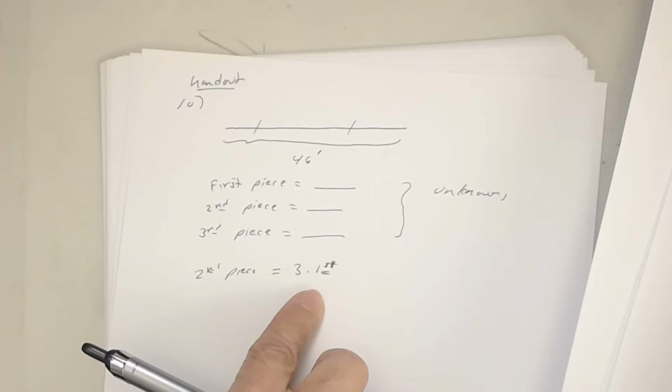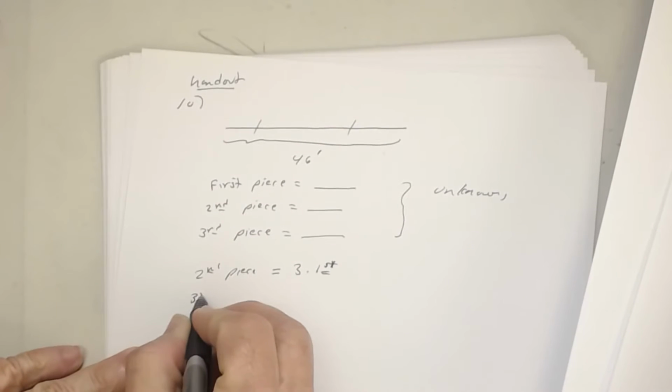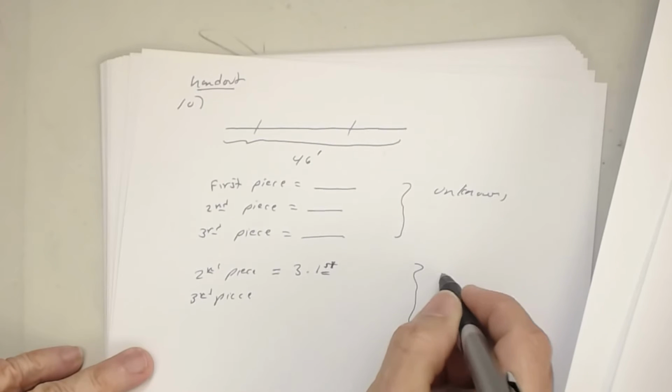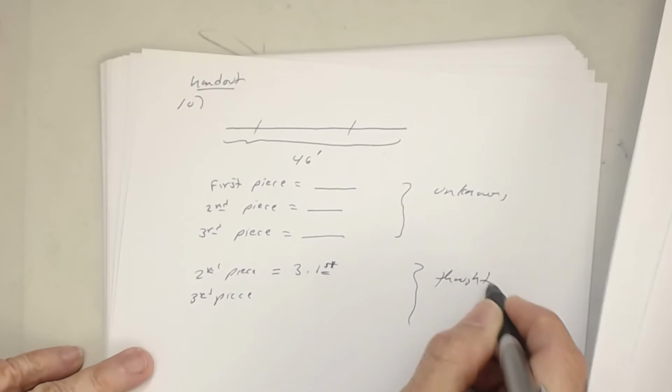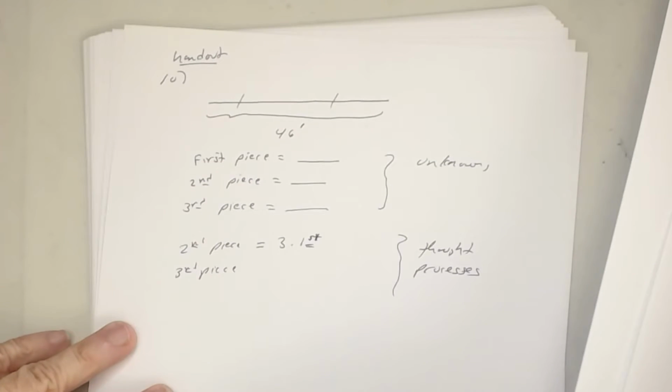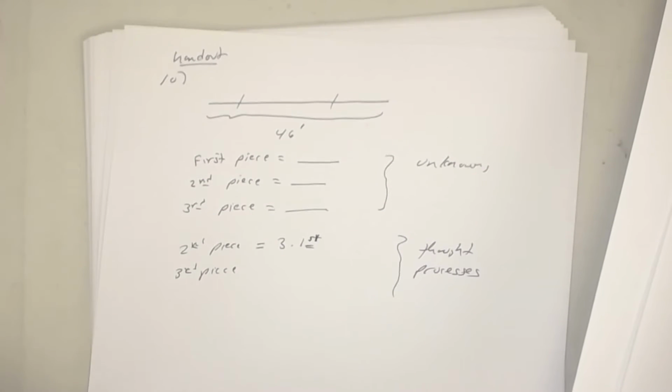Then it goes on to say the third piece. Remember, this is our thought process right here. The third piece is 2 feet more. So 2 feet more means what? 2 plus.